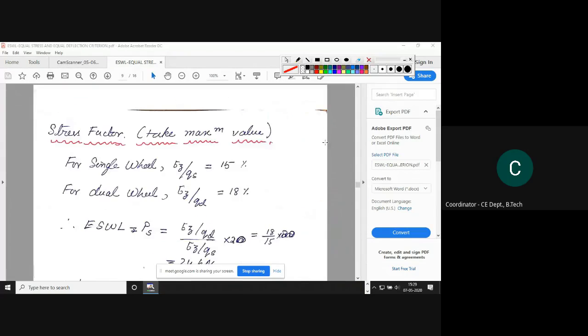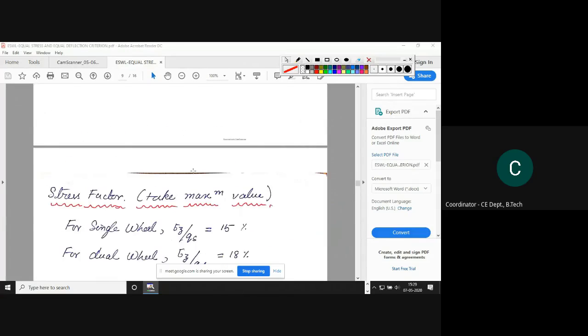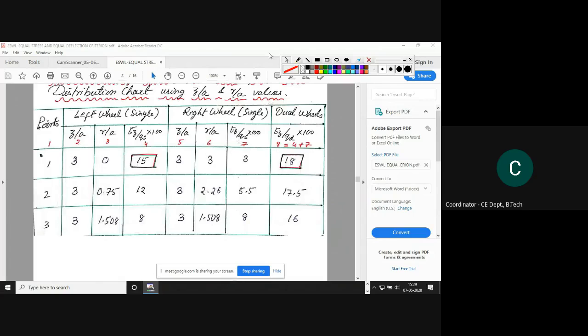See here, stress factor, take the maximum value. For single wheel, sigma z by q s, all these are for single wheel only, for the left wheel and the right wheel. So among these take the maximum, this one. And these are for the dual combination, so among these take the maximum, which is this one.